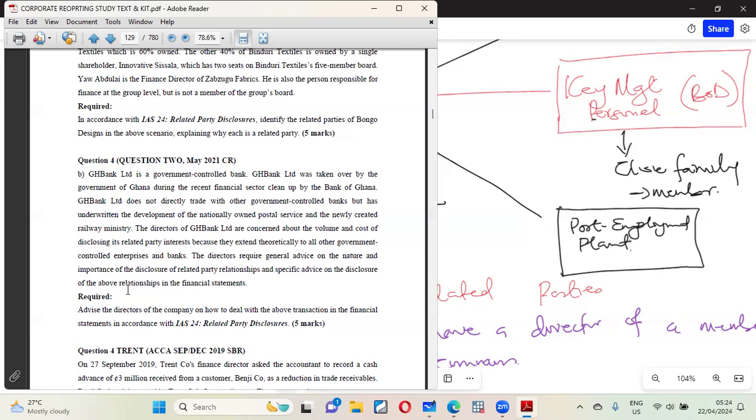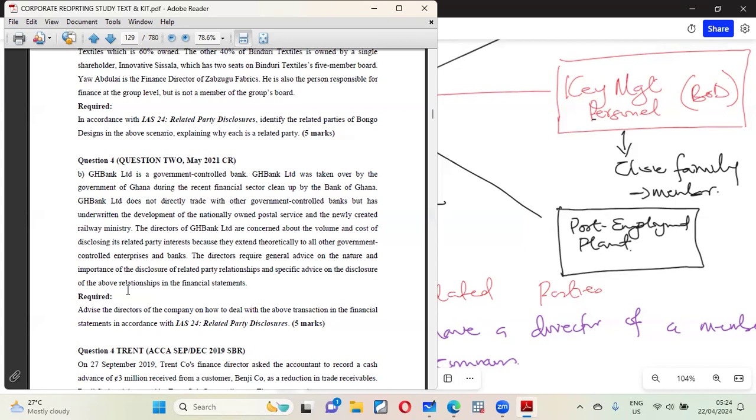So you ask yourself, what is the nature of the relationship between them and the government? You must disclose that. So the name of the government, the nature of their relationship.